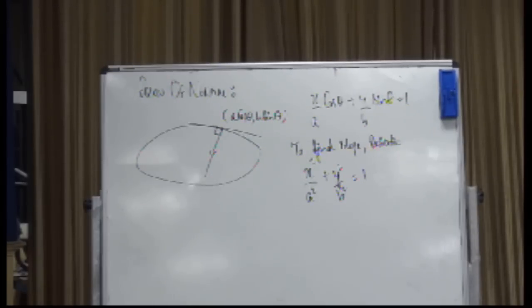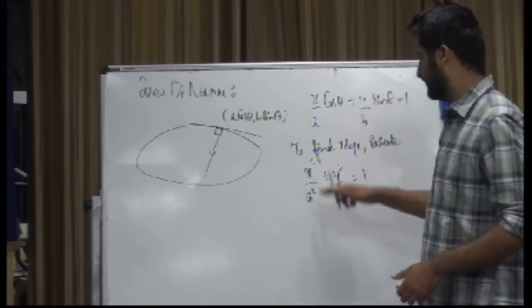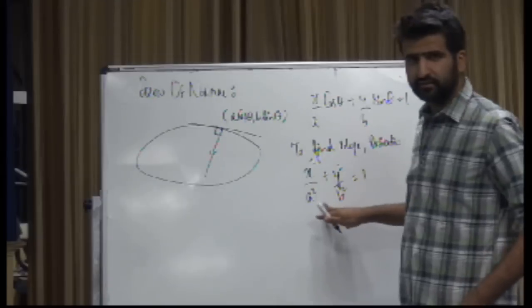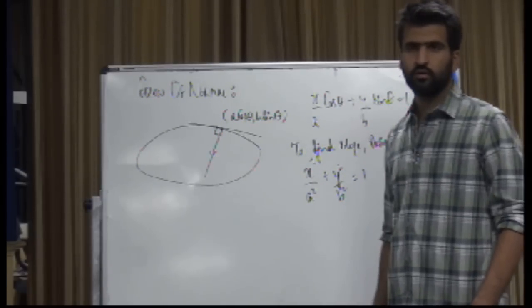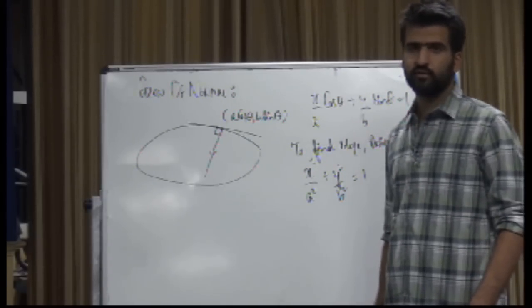Minus, where are a and b? They are constants, but okay, let's see. So if you differentiate this, you will get 2x upon a square.